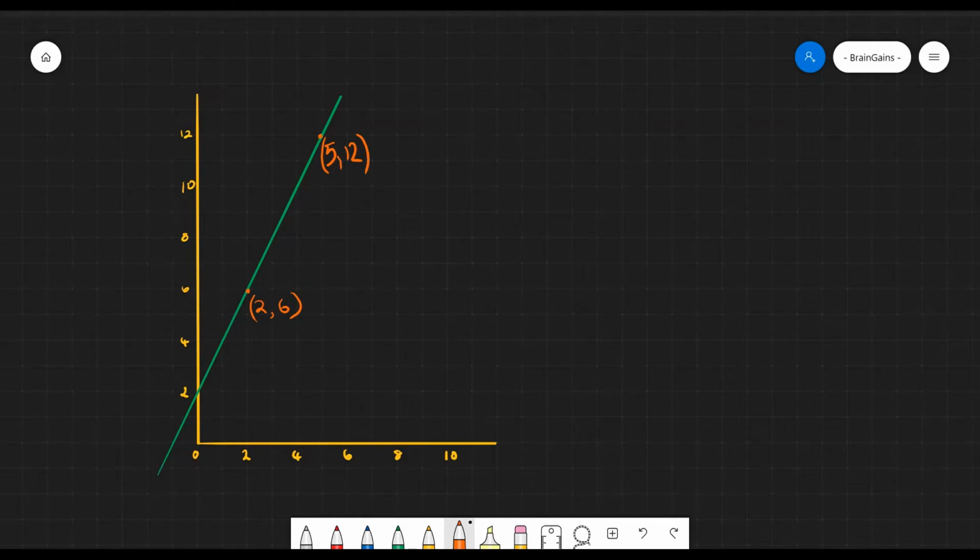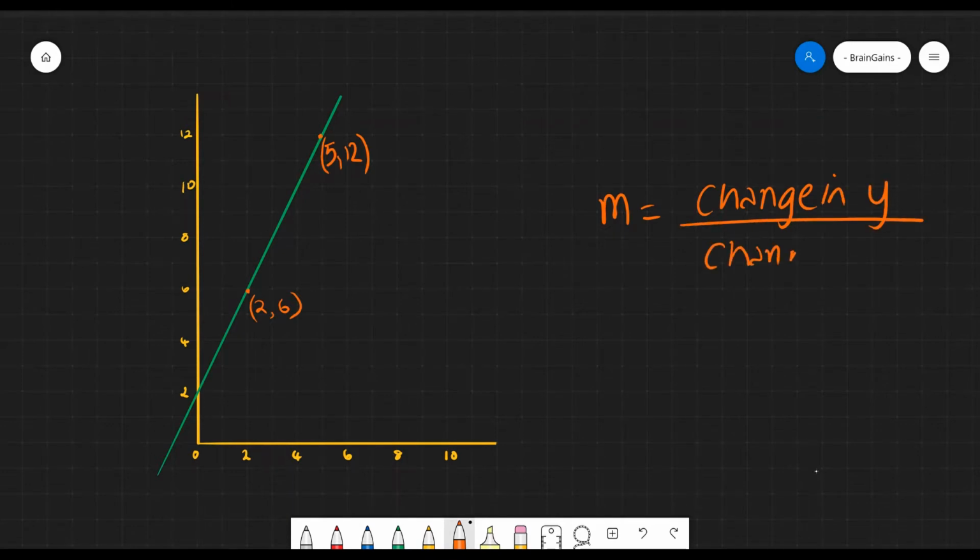The equation of the gradient is change in y over change in x. So we need to see the difference in our y coordinates and the difference in our x coordinates. I'm going to draw a triangle to illustrate this.